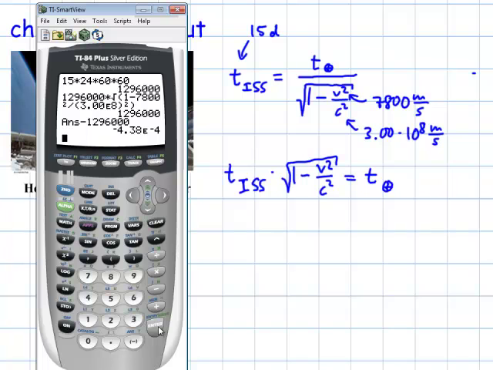We could say that the astronaut on the spaceship after 15 days is half a millisecond younger than somebody on Earth. So for those small speeds, special relativity is virtually negligible, at least as far as the astronaut is concerned.